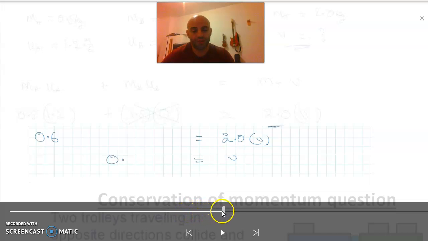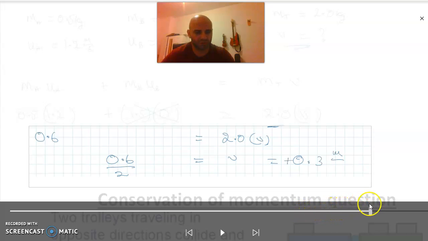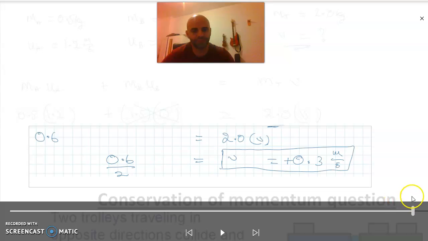So 0.6 divided by 2, well, the 2 on the right hand side will cancel out, and on the left hand side, you've got 0.6 divided by 2. Of course, that works out to be 0.3 meters per second. And of course, that's the common velocity.